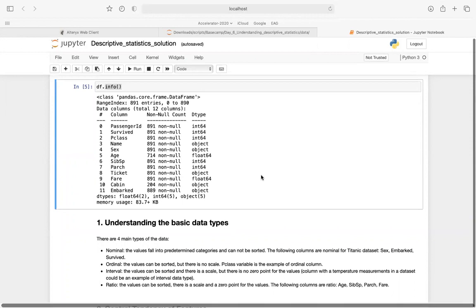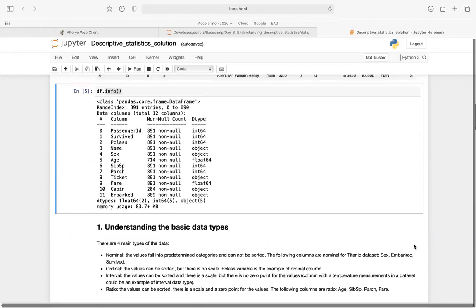If you closely observe, we have distinct categories of values which you cannot sort, or basically there is no logic behind sorting those values. The following columns are nominal in the Titanic dataset: sex, embarked, and survived.